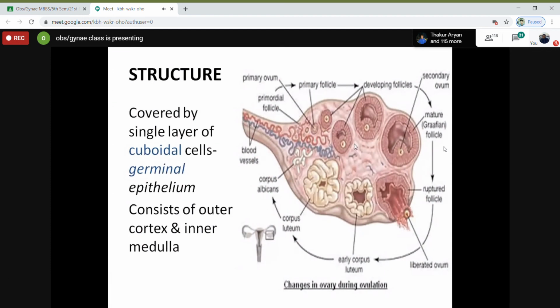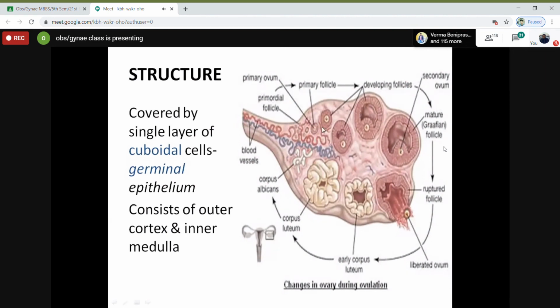It is covered by a single layer of cuboidal cells, which is also known as the germinal epithelium, and it consists of outer cortex and inner medulla. All of us know whatever happens in the cortex of the ovary.